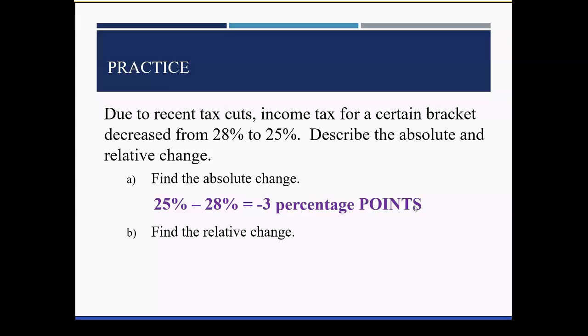We'll put the word point on the end. Then for the relative change, still same concept, subtract them, divide by the second one, multiply to get to percent form. That's a -10.7% change. So it decreased by 3 percentage points, which is a 10.7% decrease in relative terms.